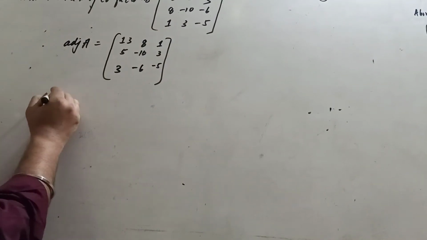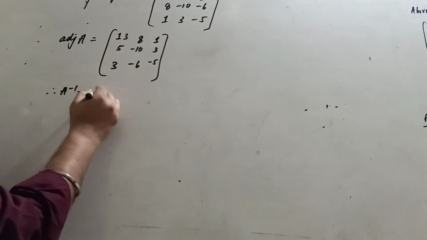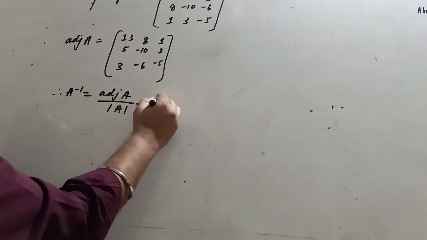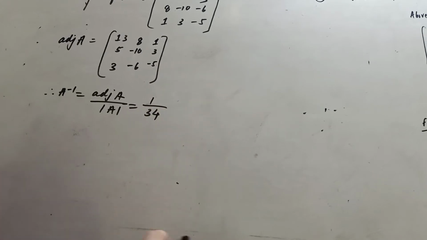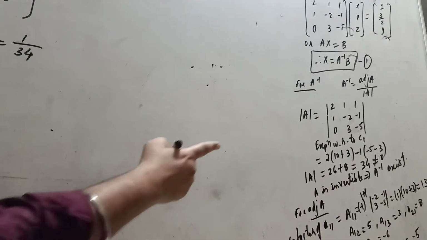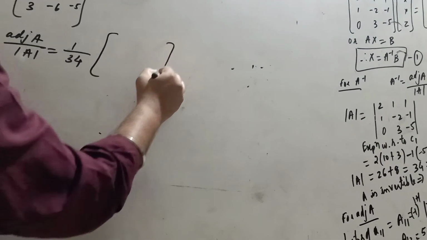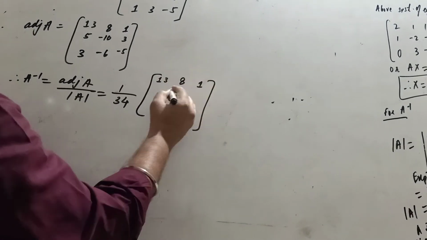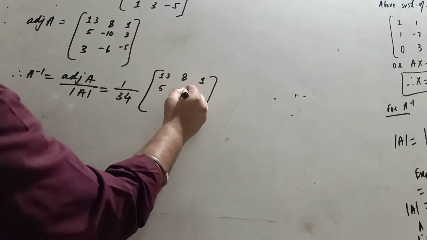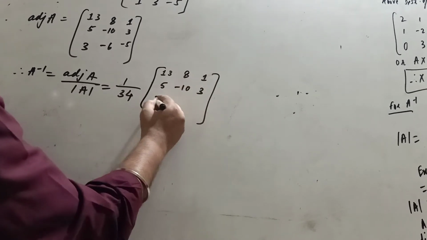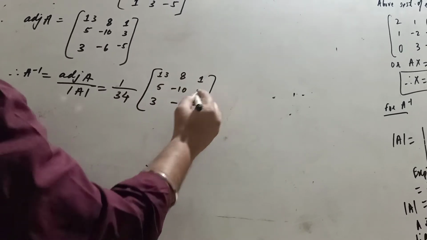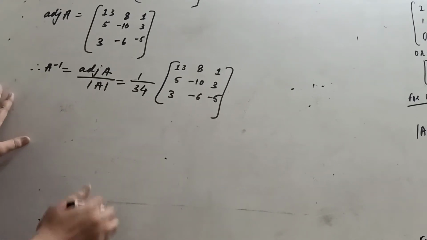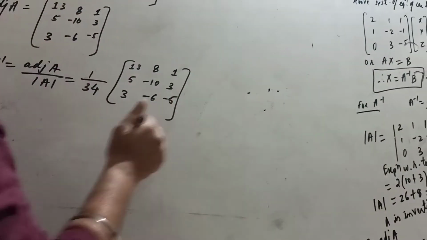Now, therefore, A inverse is adjoint A upon determinant A. 1 upon determinant A, which is 34. We have already got determinant A, and adjoint A is 13, 8, 1, 5, minus 10, 3, 3, minus 6, minus 5. Now, after getting A inverse, we'll substitute the value of A inverse in equation 1.